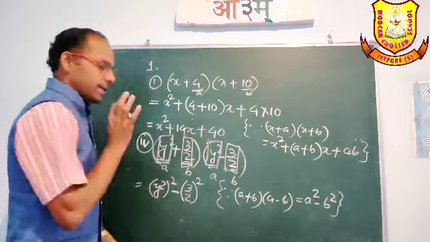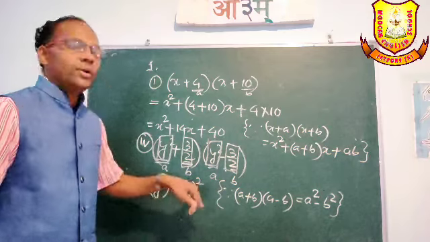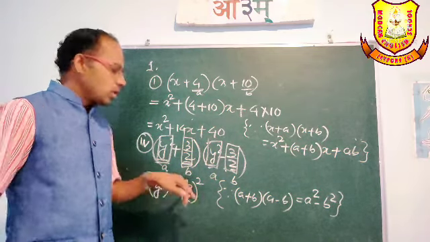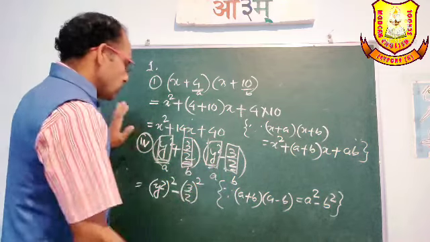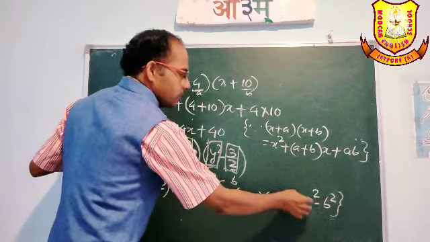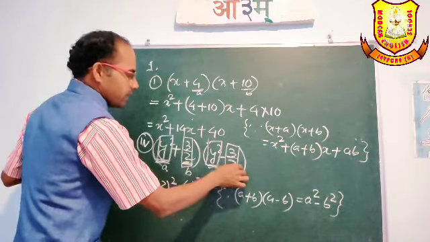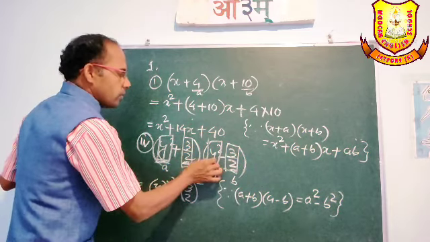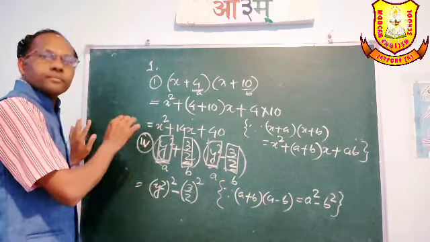The formula is applied here. This is compulsory, you have to write, to show how the algebraic identity is applied. This one is a, this one is b, this one a, this one is b.